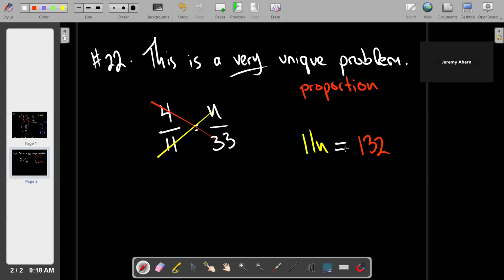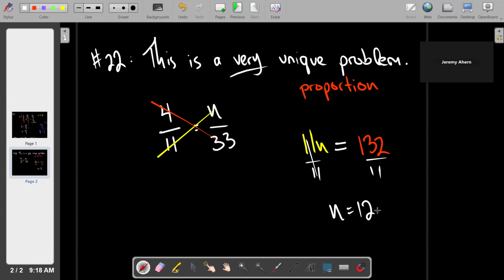Proportions are not to be disrespected. The diagonal will always equal the other diagonal if it's a fraction and a fraction. And now I got myself an easy peasy equation. I just divide both sides by 11. Easy, easy. And the answer is n equals 12. If you got that, that's good news, because that's your backup plan when what I'm about to show you doesn't work.